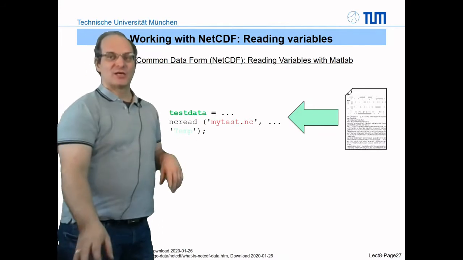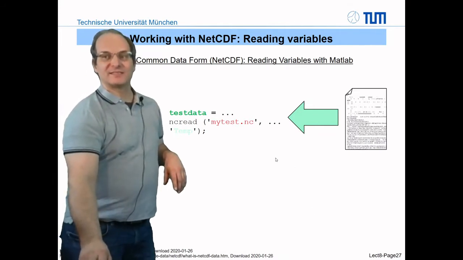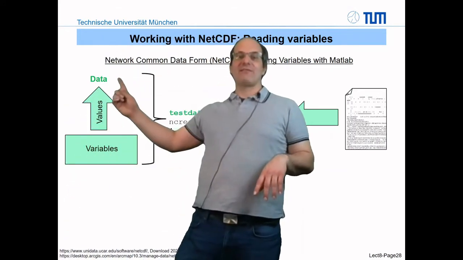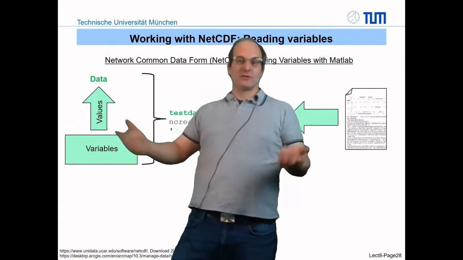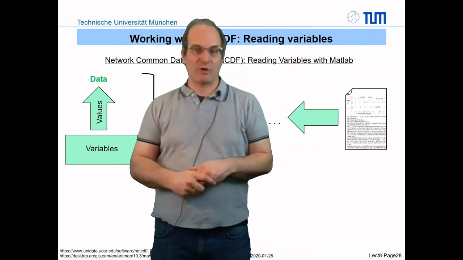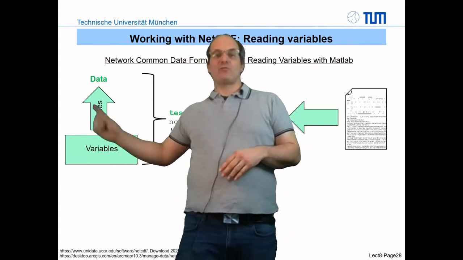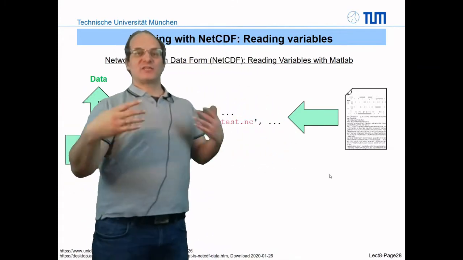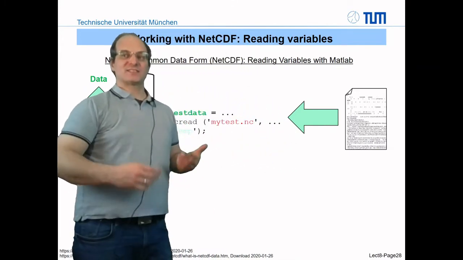With this you read in the data, and you will get the variable and the values again in your Matlab program. So what we did: we wrote the data, and now we read the data back. ncreate, ncwrite, ncread.